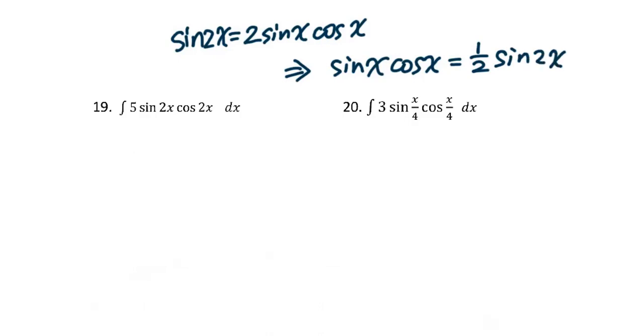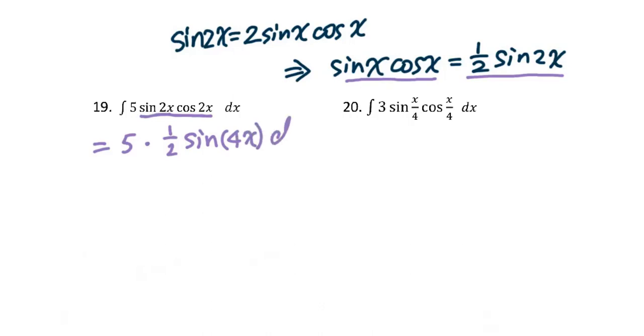Therefore, when you do the integral, when you see the sine x cosine x multiplication, you got to use this formula turned into single trig function. For number 19, you will get 5 times 1/2 sine 2x times cosine 2x, you will get the sine 4x. Then dx. This is the first step.